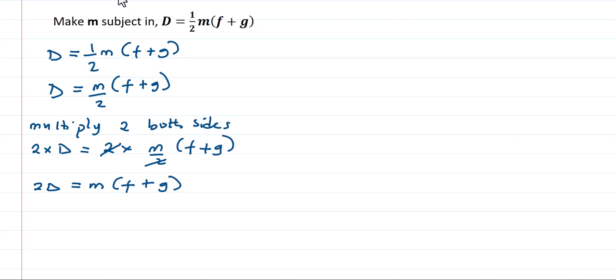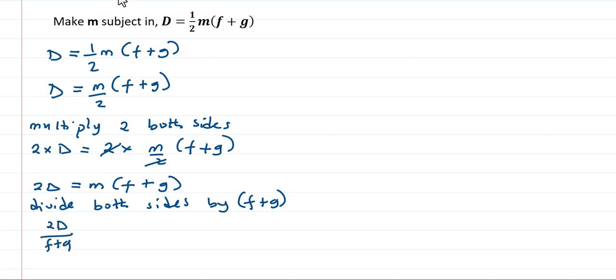We have to divide both sides by the coefficient of m, which is our variable. Now remember, we are just doing the same thing as linear equation, but it's a little bit tricky here because we're not working with actual values, we're working with variables all through. And that is why I still recommend that you go through the lesson on linear equation before coming to this one. So let's divide both sides by f plus g. Doing that, we'll have 2d over f plus g is equal to m bracket f plus g all over f plus g.